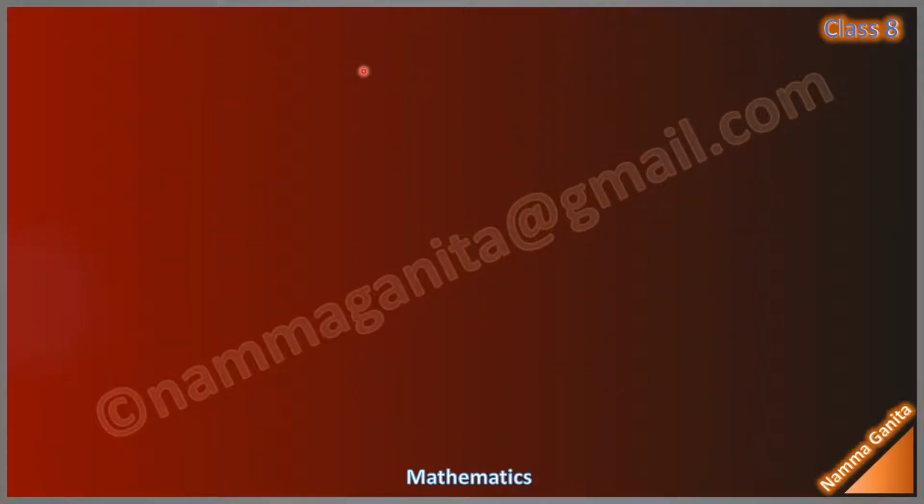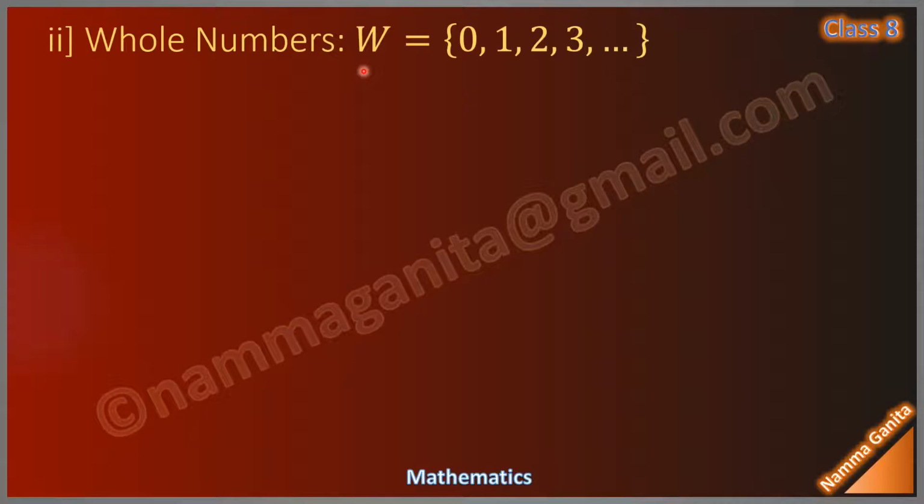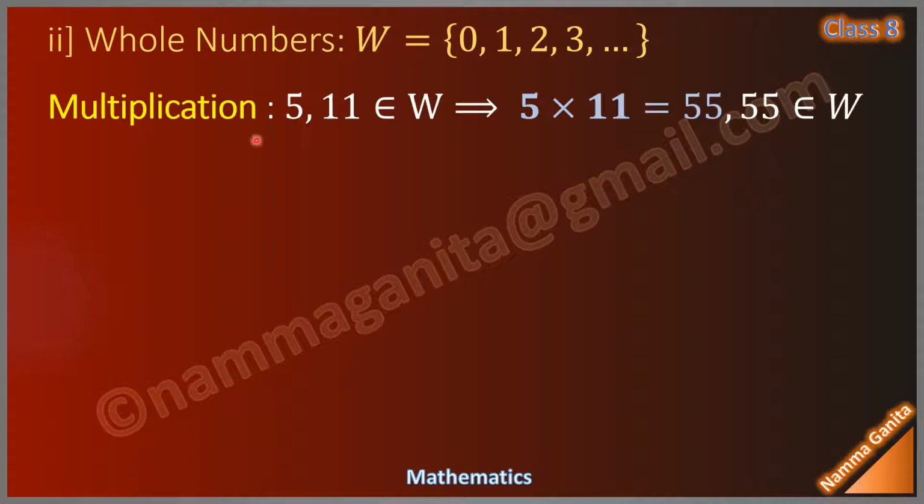Now, consider the set of whole numbers. W = 0, 1, 2, 3 and so on. First consider multiplication of 5 and 11.